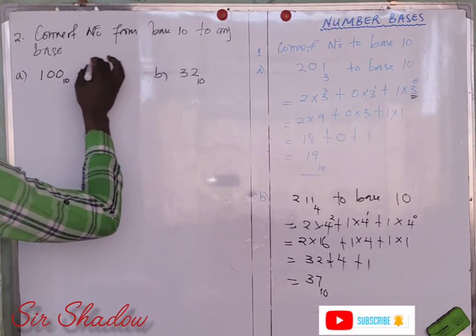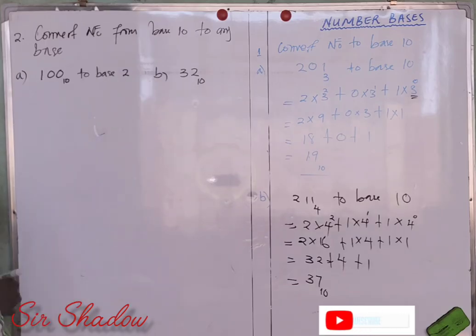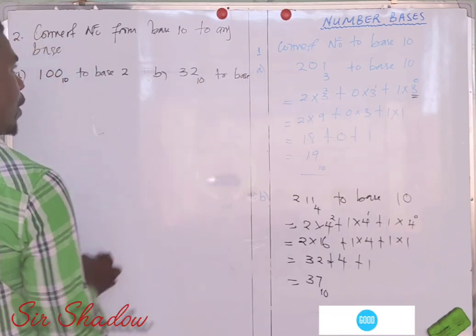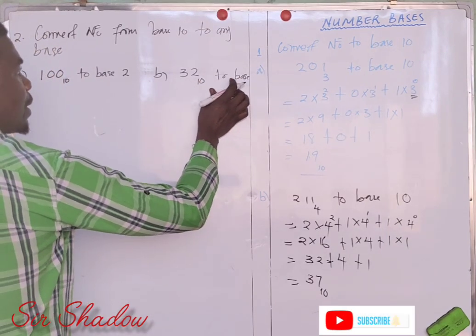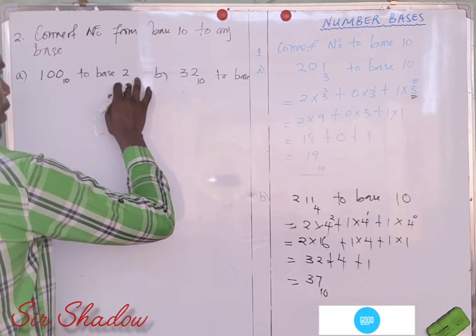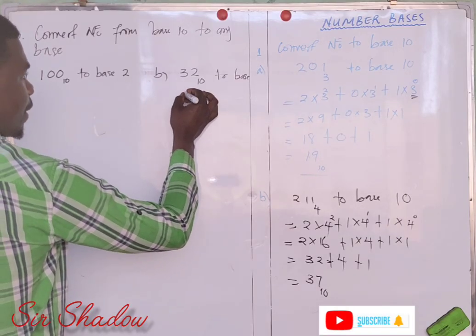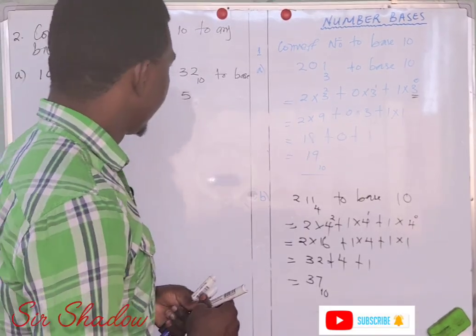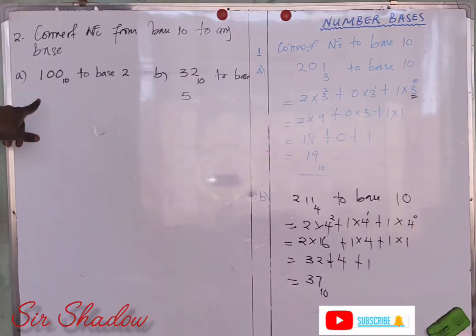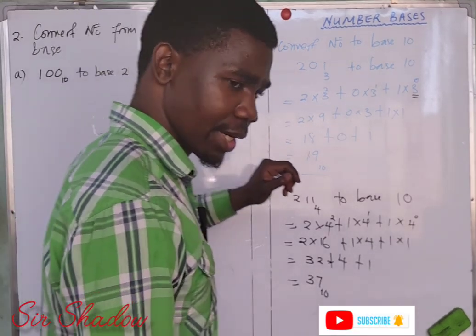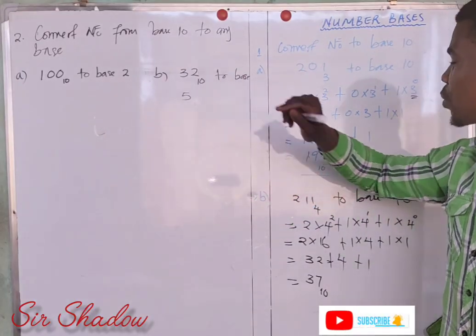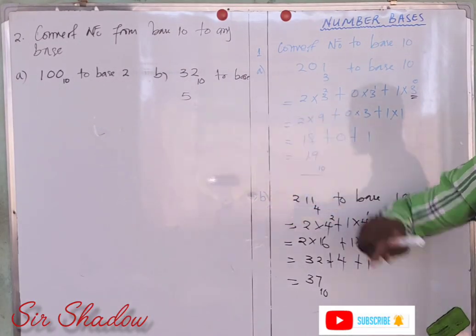Let me say base 2 here, and base 5 here. So on the first question, which is part A, we are going to convert 100 base 10 to base 2. Then the other one, we're going to convert 32 base 10 to a number in base 5.